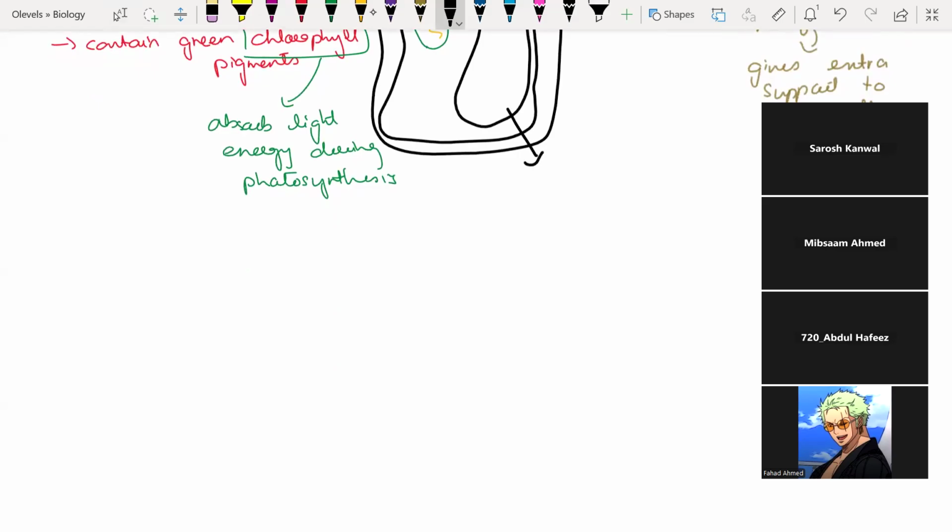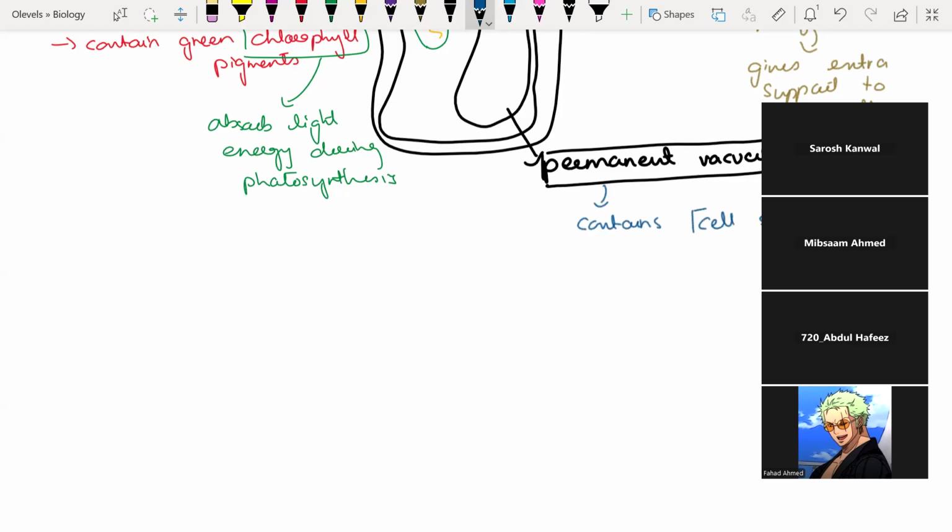We call it a permanent vacuole. Okay. Now this permanent vacuole contains cell sap.